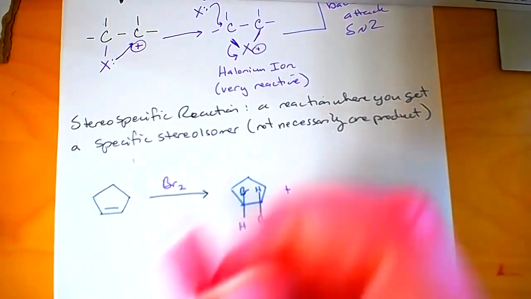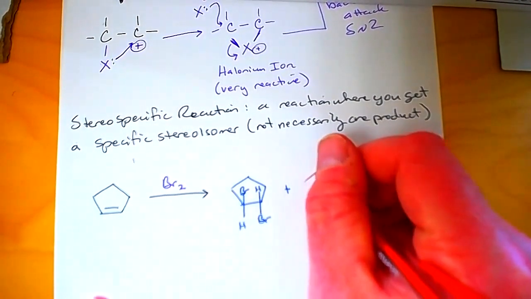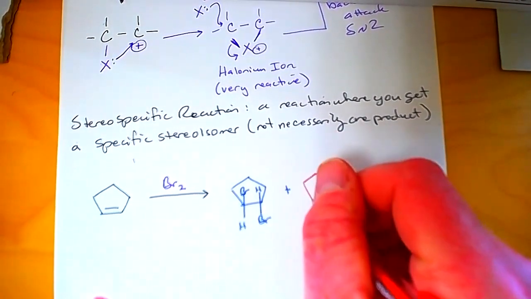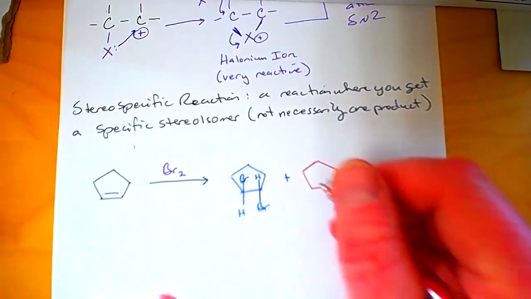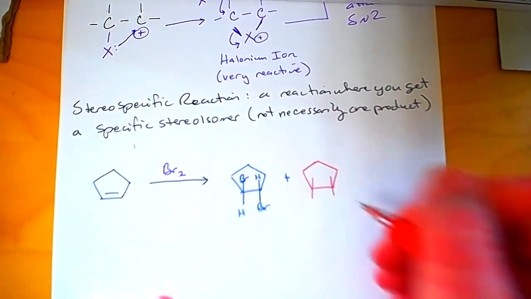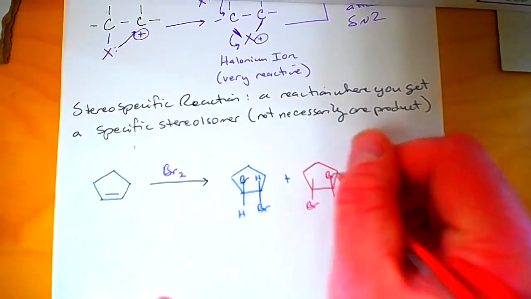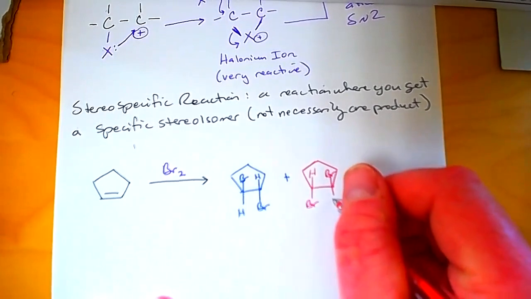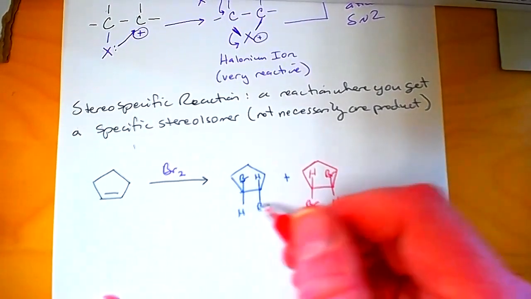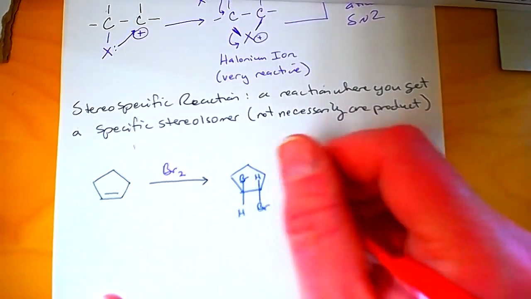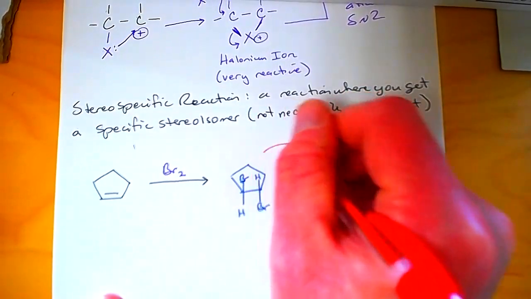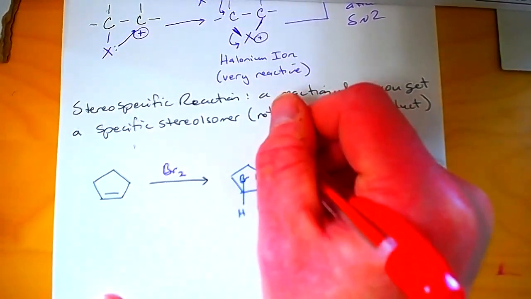And you also have this compound where one bromine is down here and one bromine is up on the other side. And these two compounds, I think everybody can see, are mirror images of each other, and these are enantiomers.